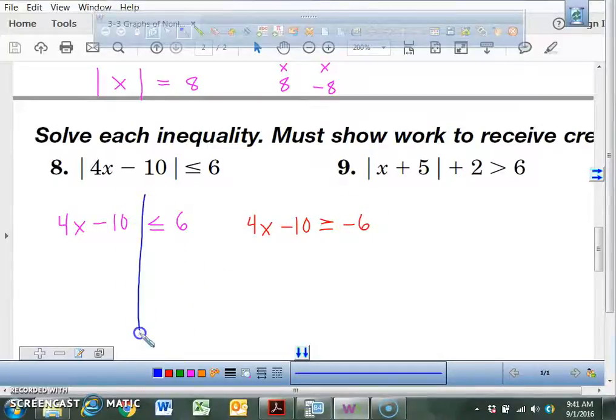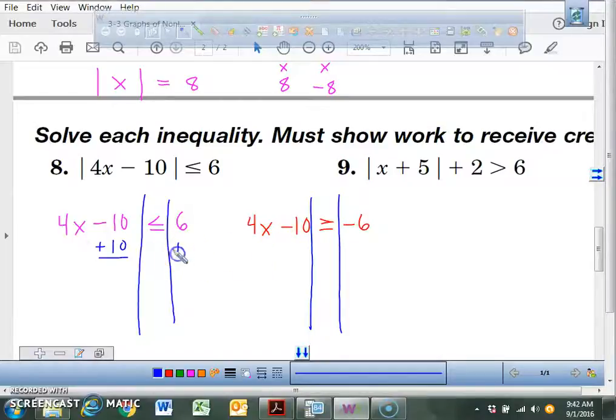By the way, I'm going to change to blue because I like that color. And we're going to do the exact same step for both inequalities. What would be that step? We're going to add a 10 all the way across.